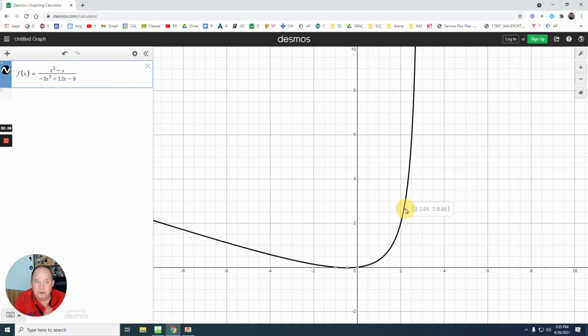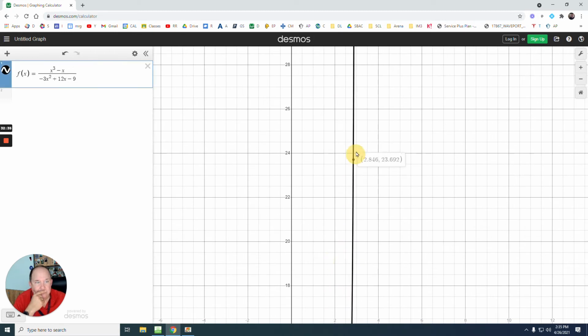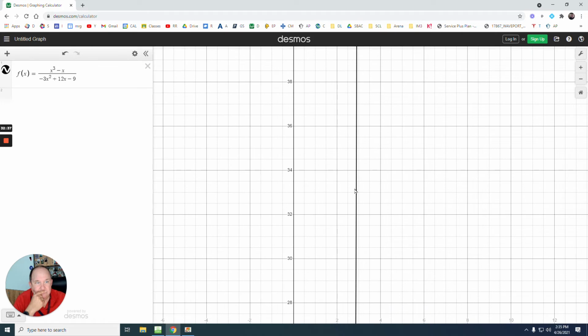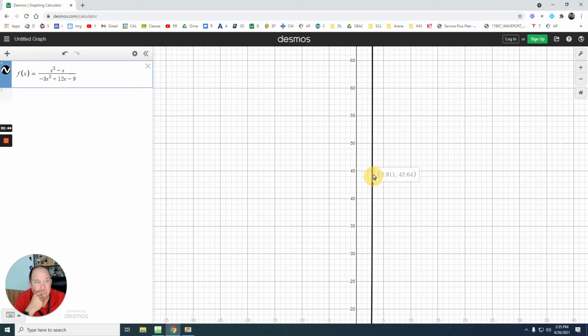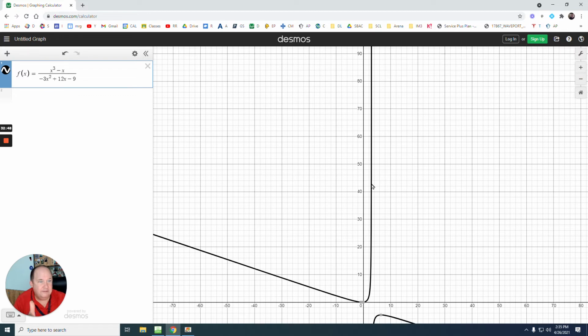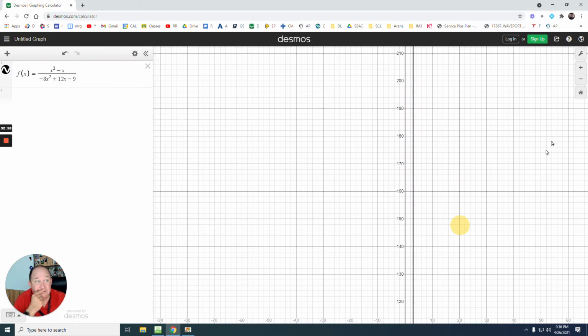So if I follow this graph along, as it approaches 3, what's happening? I'm trying to get closer and closer to 3 here, following the graph. As I get closer and closer to 3, wow, it's getting up there. I'm trying to see what it approaches.